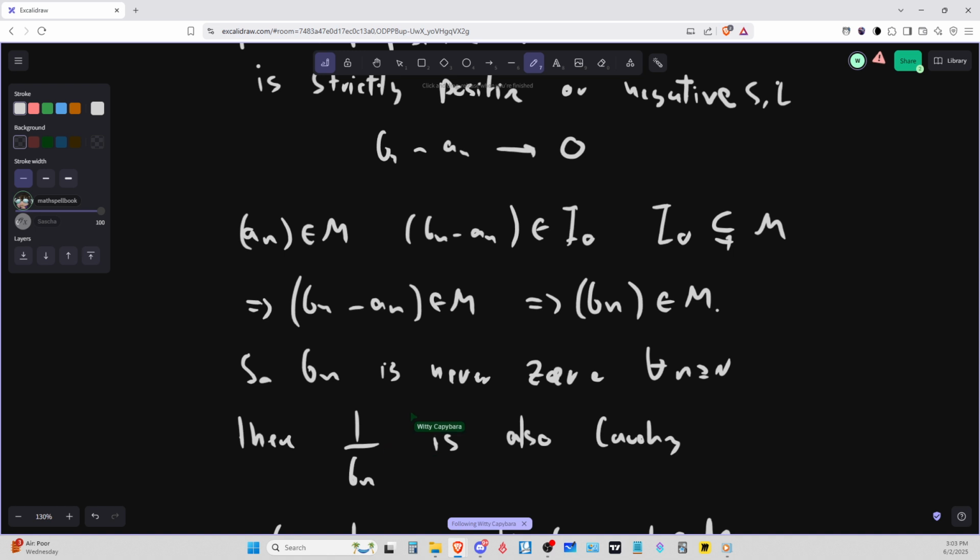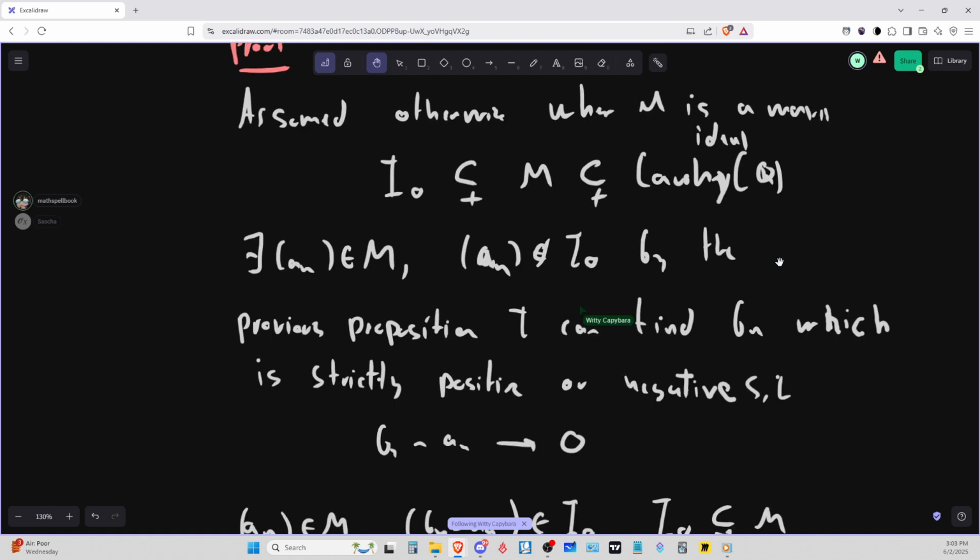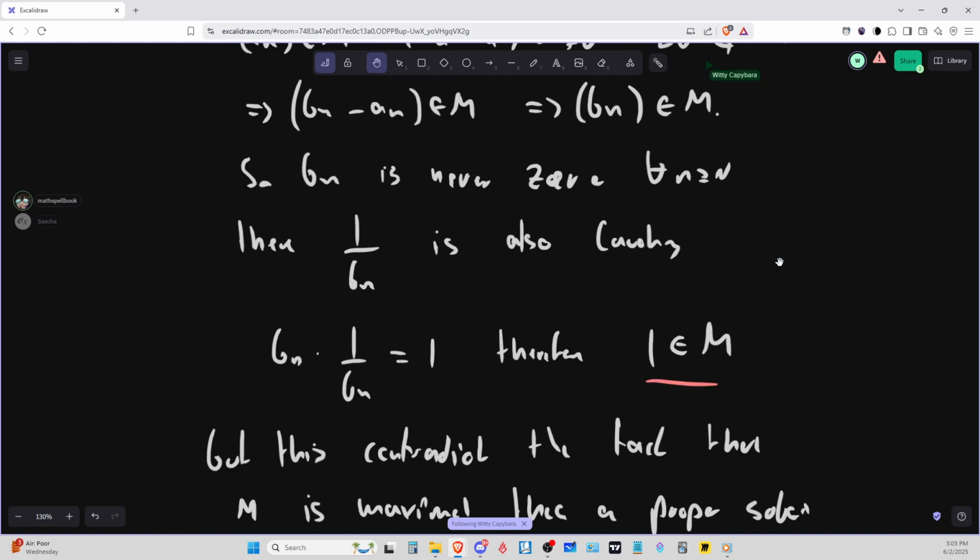If Bn is a rational, then 1 over Bn is also a rational. And if you multiply Bn times 1 over Bn, that equals 1, which contradicts what we're trying to show.